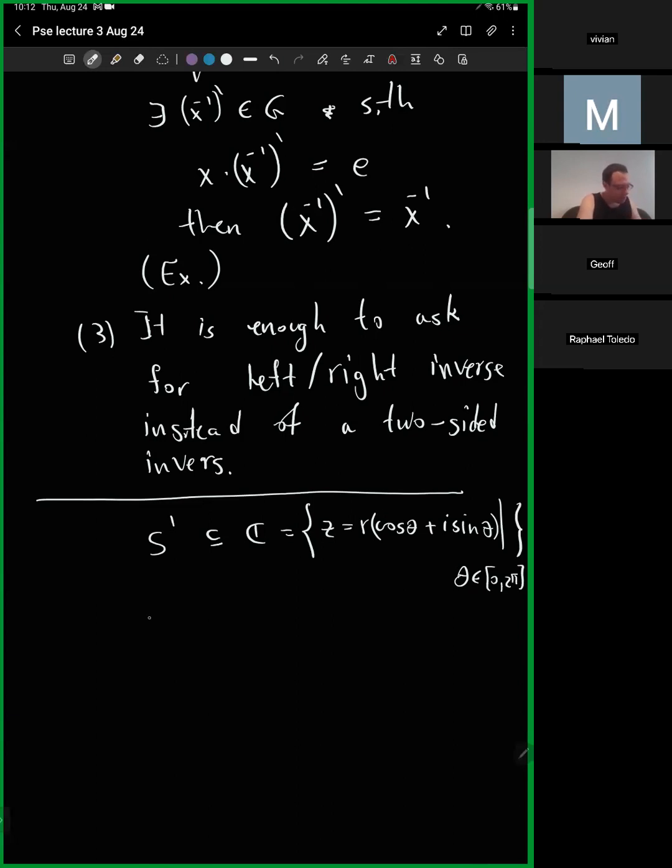So this is the complex numbers, right? This is what is called the polar representation.